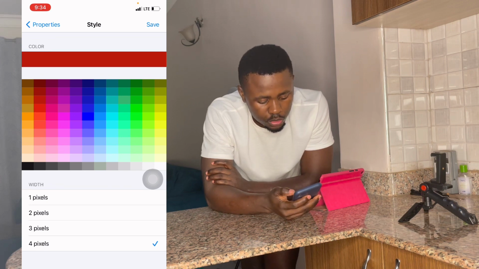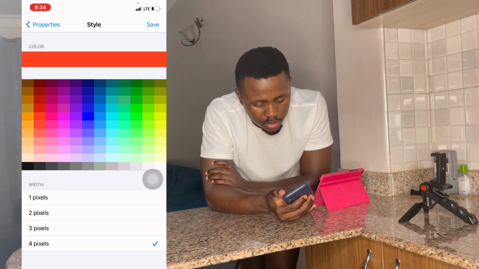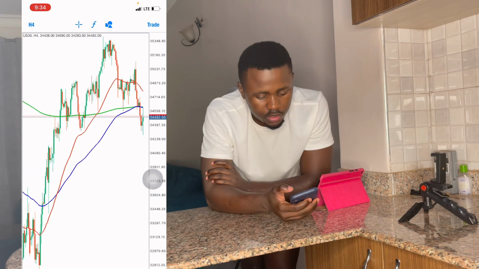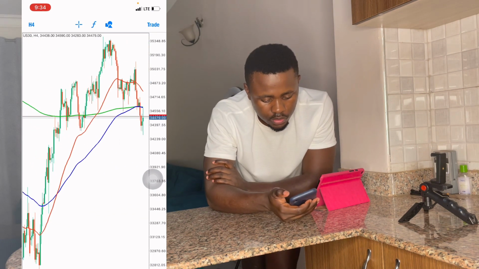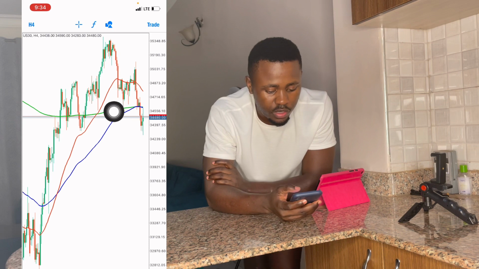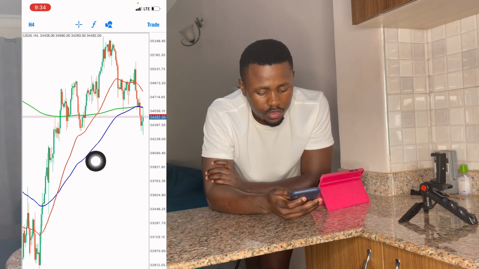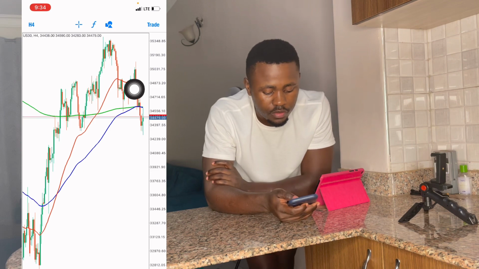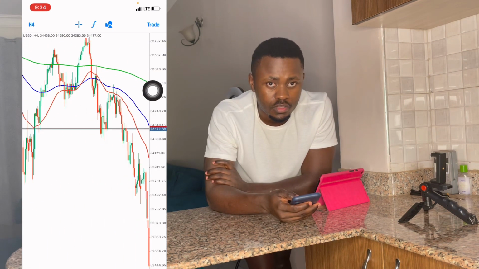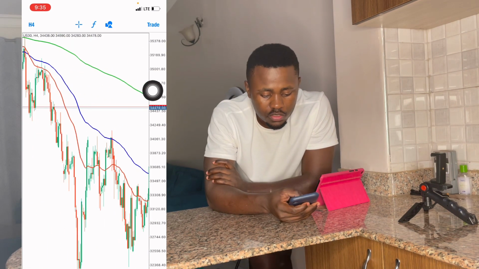Then the color, we shall make it red, like that. So as you can see, this is my moving average setup. I have the 200 moving average, the 21 moving average, and the 50 smoothed moving average. The colors don't matter. You can choose any color of your choice for these moving averages.